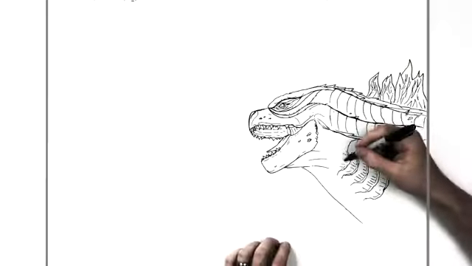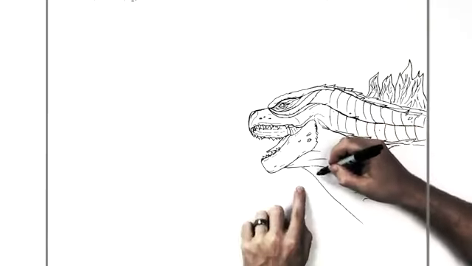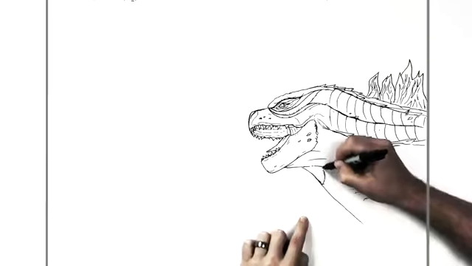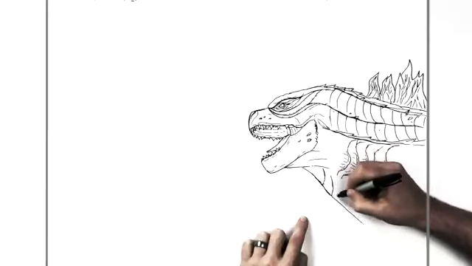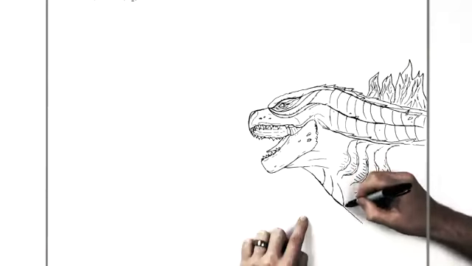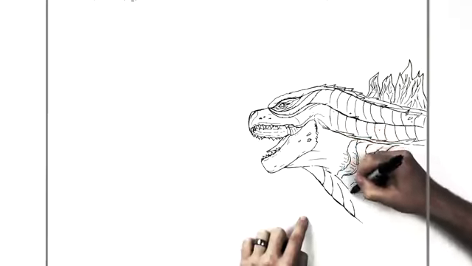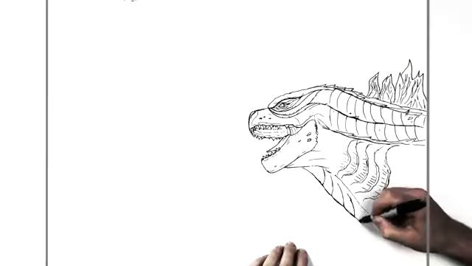Okay, and then he'll have chest armor as well. So on the front here, it comes around like this on the front of his chest here. Just armor, scales and things coming down. There might be a skin section, a skin line separating it from the rest here.